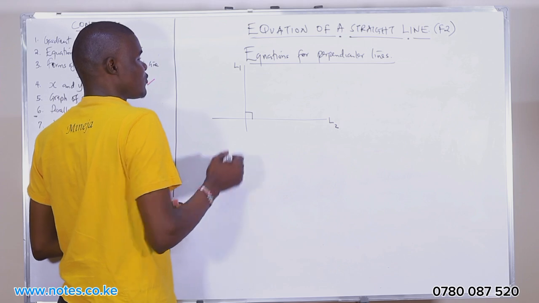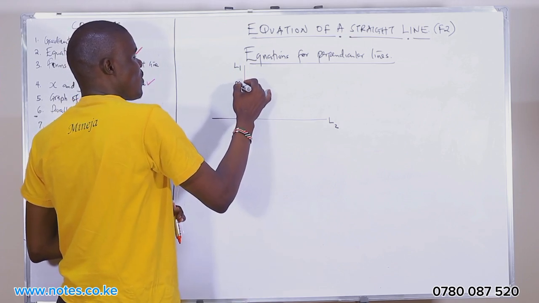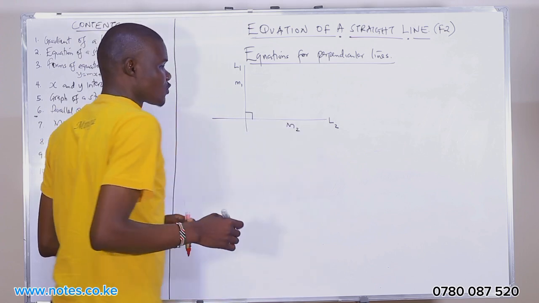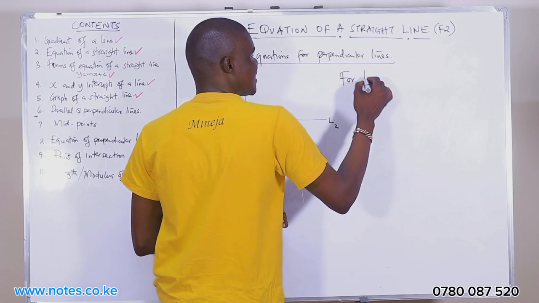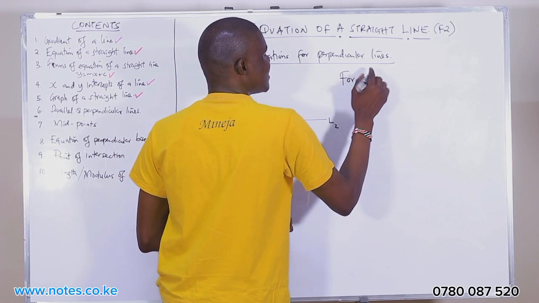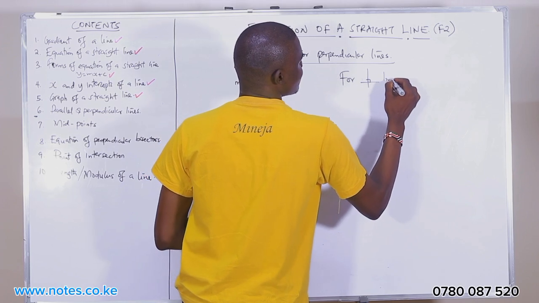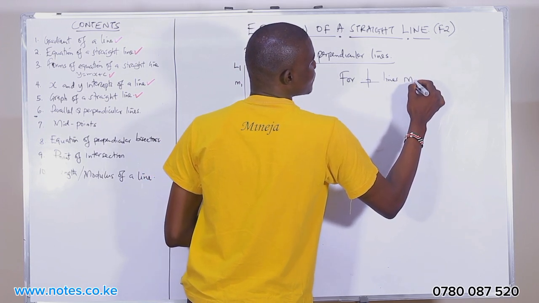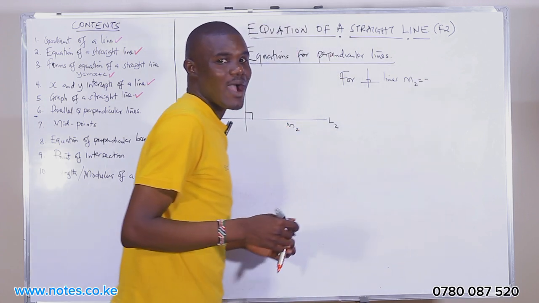90 degrees. So for L1, we are going to have the first gradient, which is M1. And for the second, we are going to have M2. So what you're supposed to know is that for perpendicular lines, M2 is equal to the negative reciprocal of M1.